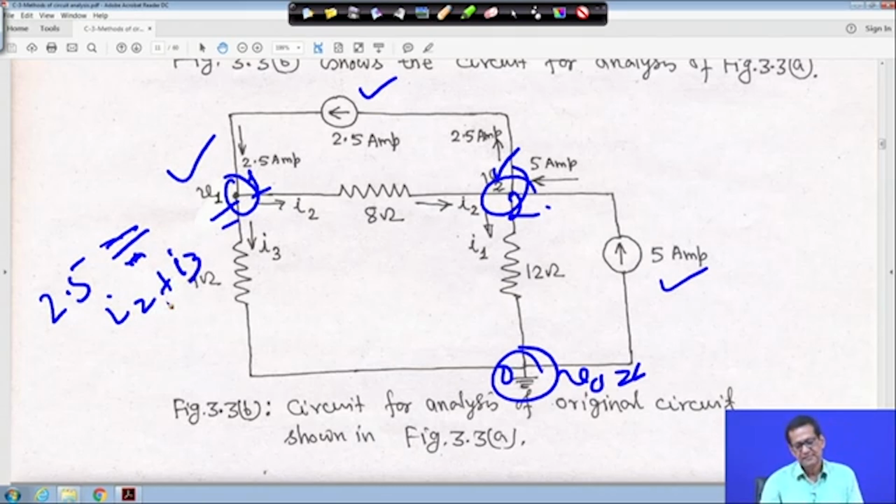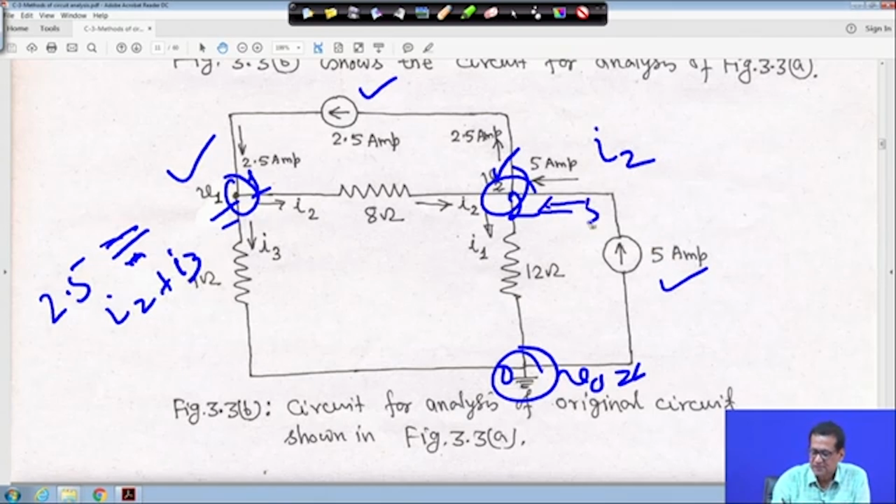But when you come to node 2, this I2 current is entering into the node. This 5 ampere current source is also entering into node 2.